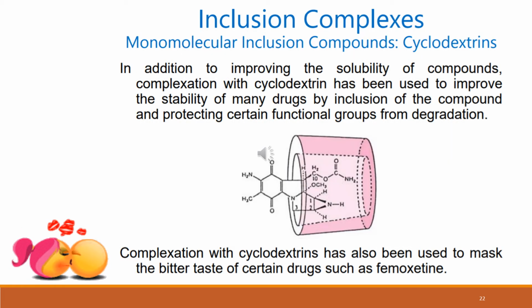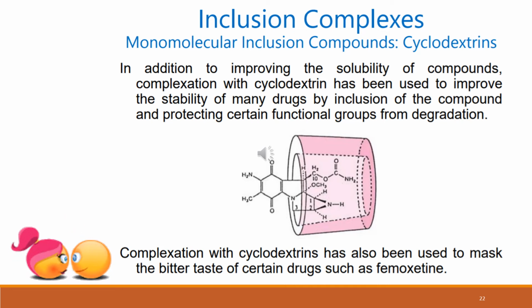In addition to improving the solubility of compounds, complexation with cyclodextrin has been used to improve the stability of many drugs by inclusion of the compound and protecting certain functional groups from degradation. For example, the stability of drugs such as aspirin, benzocaine, ephedrine, and testosterone is improved when complexed with beta-cyclodextrin.